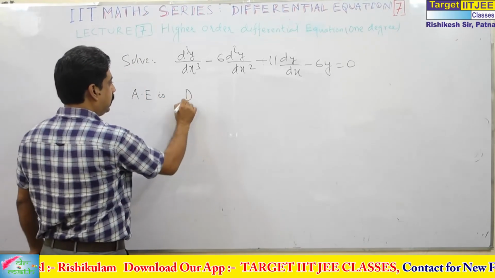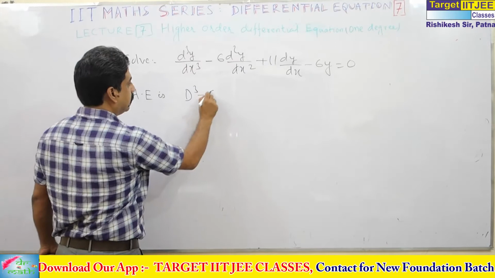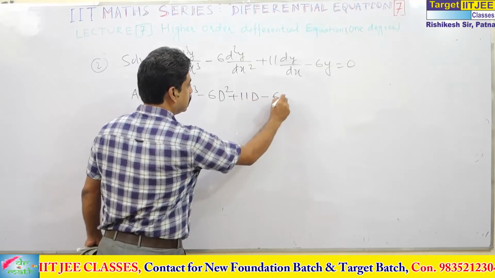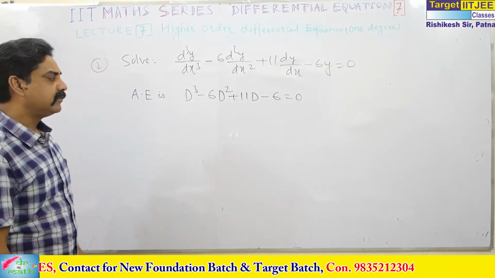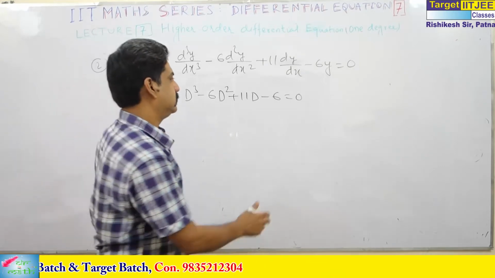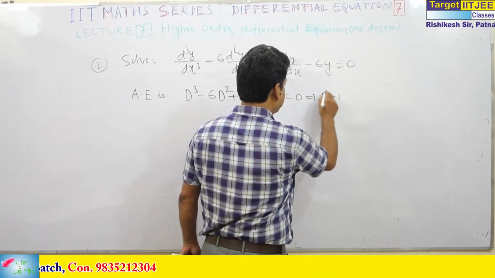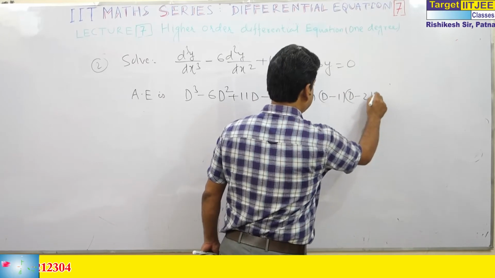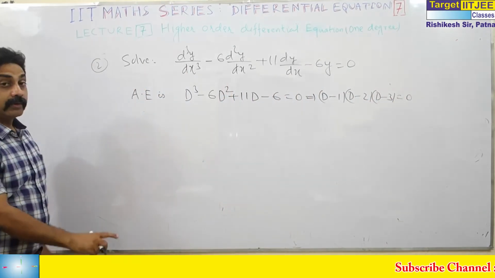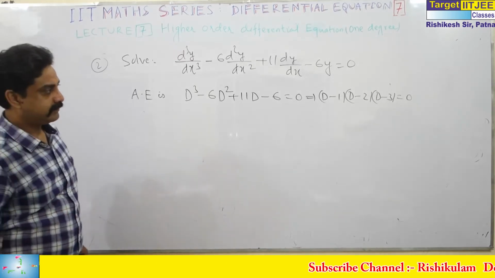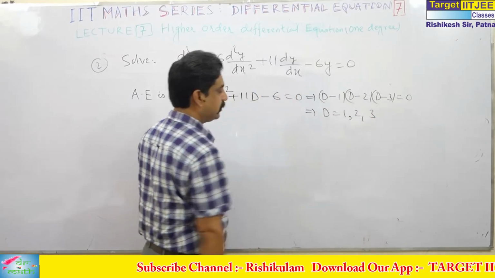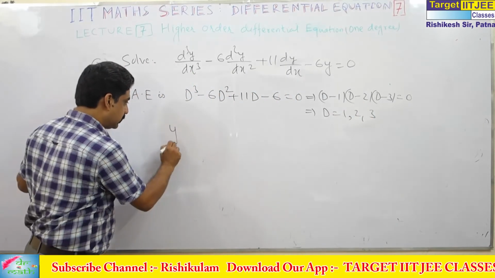This is d cube minus 6d square plus 11d minus 6 is 0. This is very common. This is actually (d minus 1)(d minus 2)(d minus 3) is 0. I leave the factorization to you. The roots are 1, 2, 3.